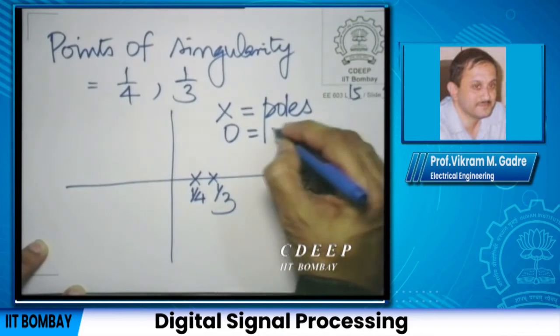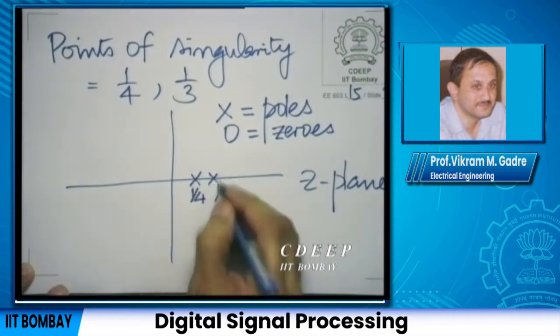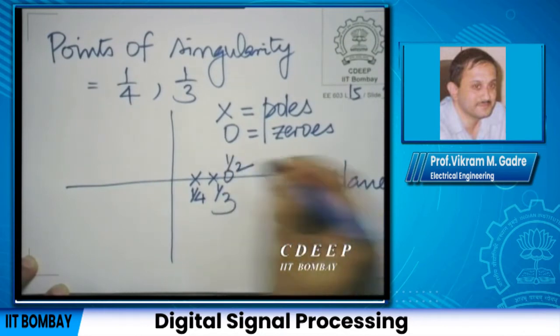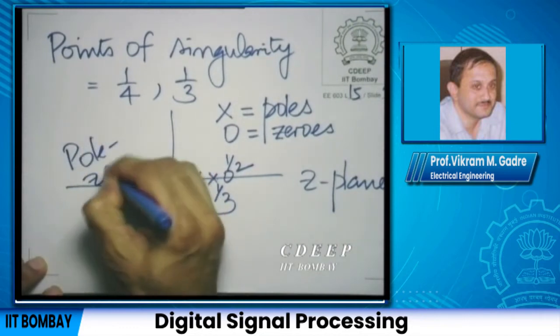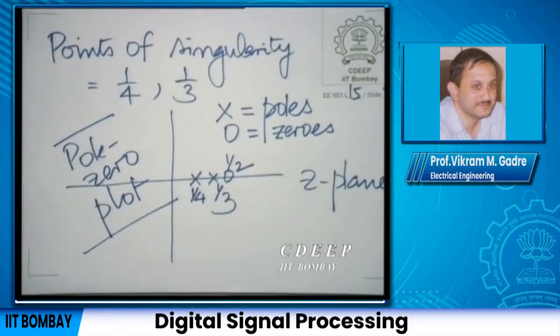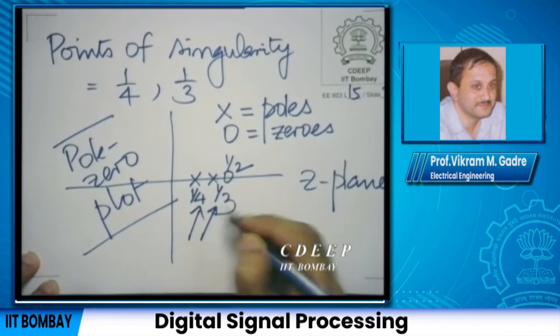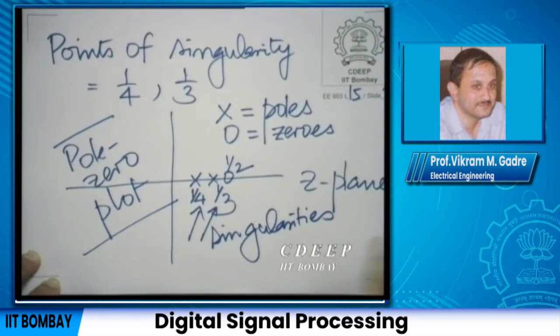And we will use circles to denote the zeros. So, we have two poles here, and there is a 0 at the point Z equal to half. This is called the pole 0 plot for the Z transform that we saw a minute ago. Now, these are singularities. The poles give you the singularities. And therefore, the regions of convergence must exclude these singularities.